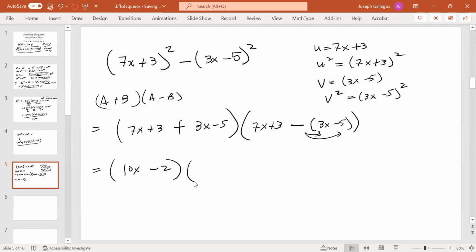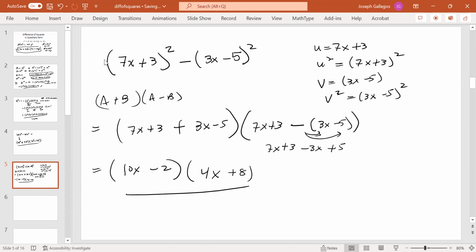In the second set of parentheses, we have 7x plus 3. And then we distribute that minus sign. So we have minus 3x. And a minus times a minus is a plus 5. And so now we have 7x minus 3x gives us 4x. And 3 plus 5 gives us 8. And there would be the solution. It would be 10x minus 2 times parentheses 4x plus 8.